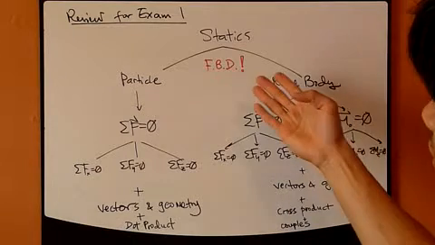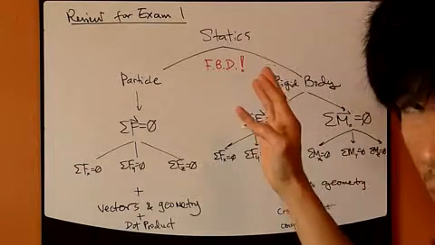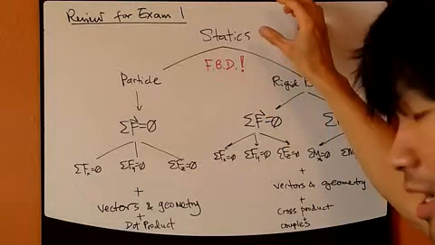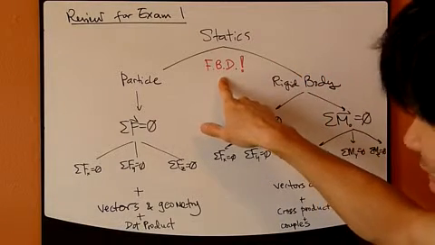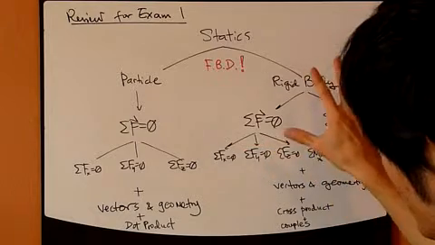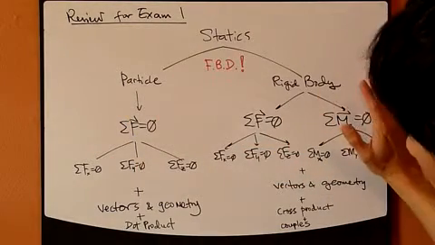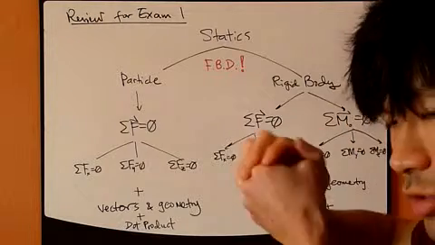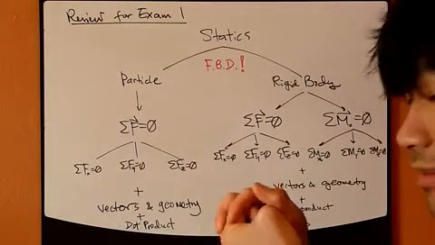But once again, free body diagrams rule the analysis of statics. So you must always start with a free body diagram, and then think about whether it's a particle or rigid body. Whether there's rotation, or the tendency to want to rotate or not.